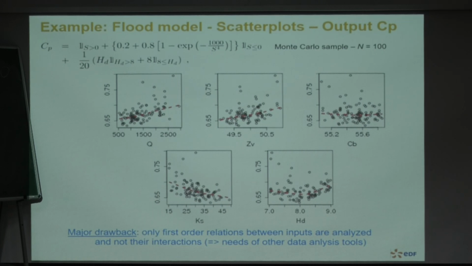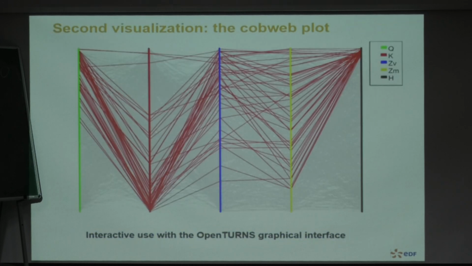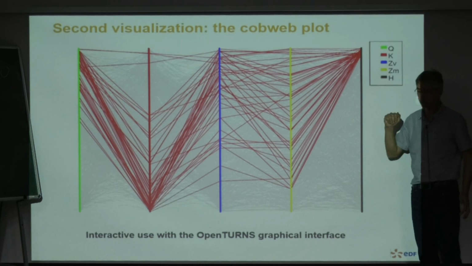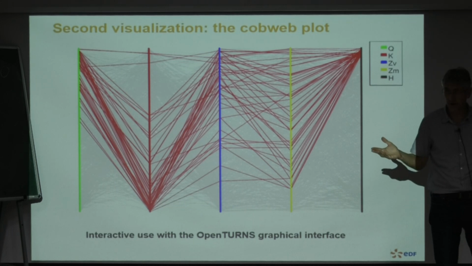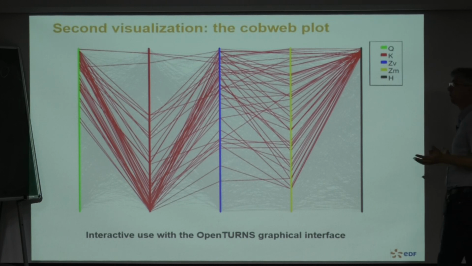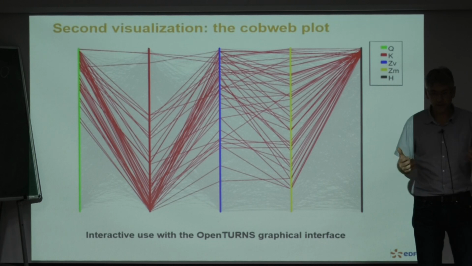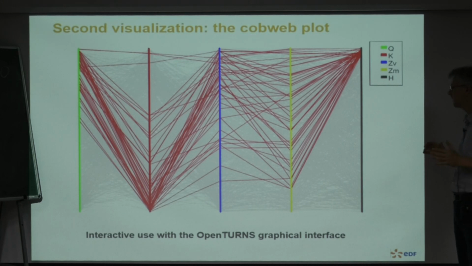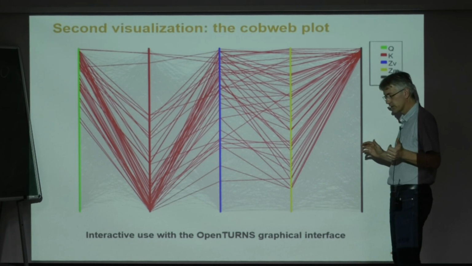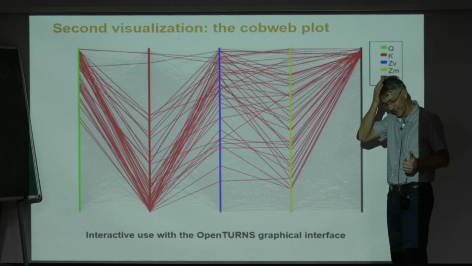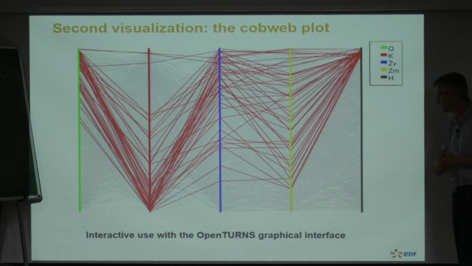Okay, so with this kind of tools, unfortunately, we just analyze the first order relations between output and input. So this is a tool which is not well known. It comes from the history of data analysis in the 70s, I think. There is a strong French school in data analysis, with, I have forgotten his name. I'm not a data analyst, but okay.